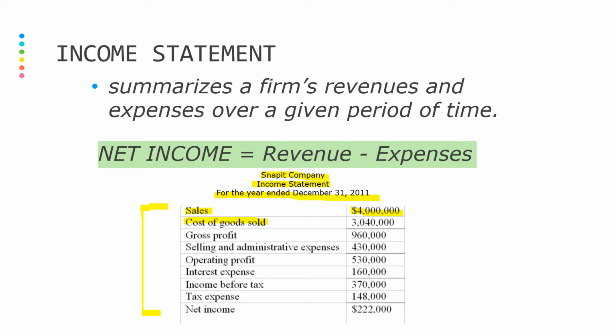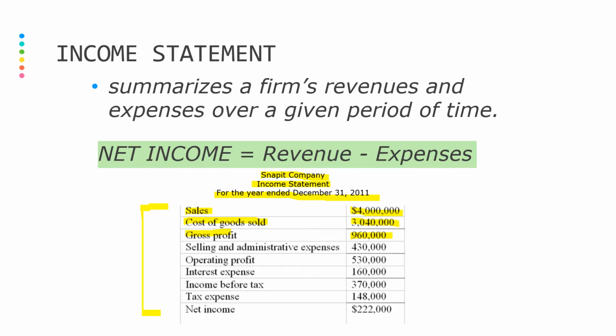So this includes the cost of materials and labor directly used to create the goods. Okay, so Snapit company has a cost of $3,040,000.